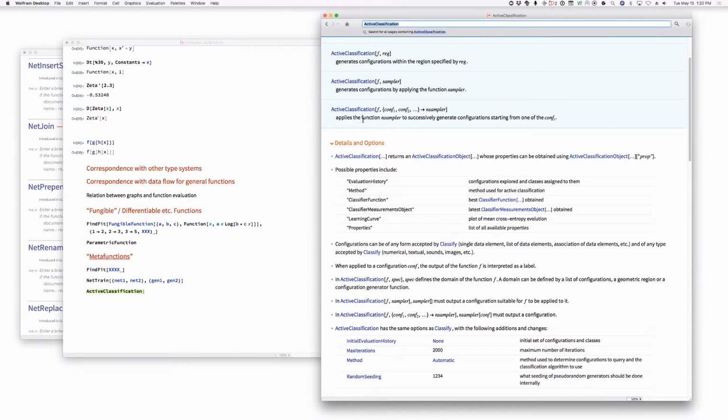Right. So in that case, this sampler or the region defined here is giving the set of possible inputs that F can get.